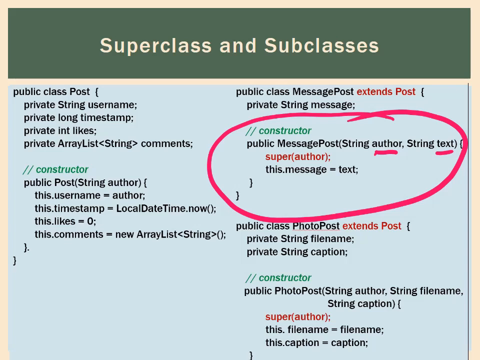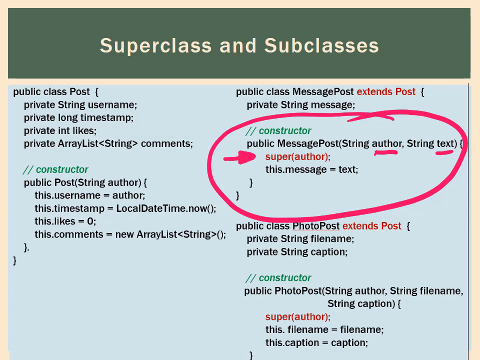In other words, we know that the post superclass is responsible for all of those fields. So we're going to want the superclass to take care of its own field. So because the superclass has the field username, we have to pass it to the superclass constructor.